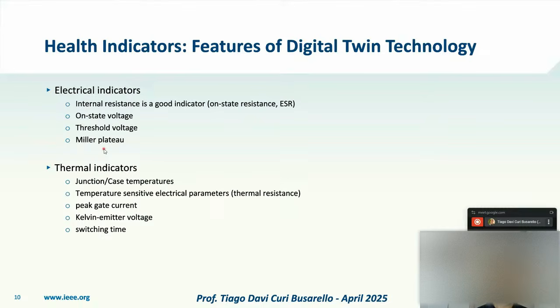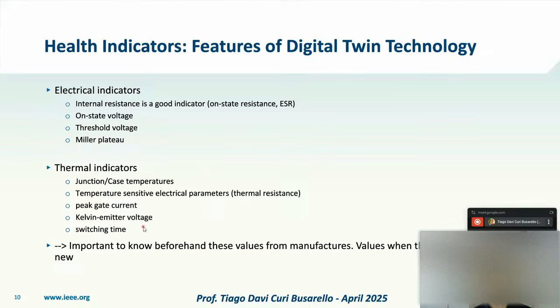We also have the ability to get some thermal indicators, like the junction and case temperature of components, temperature-sensitive electrical parameters like the thermal resistance, and other parameters like the peak gate current, Kelvin emitter voltage, and the switching time. And this is really important.